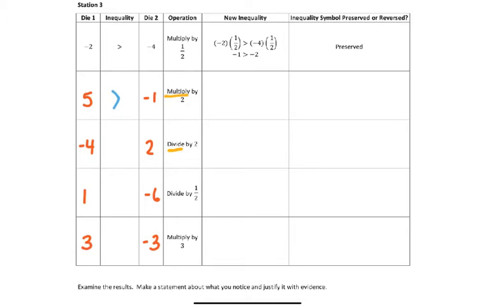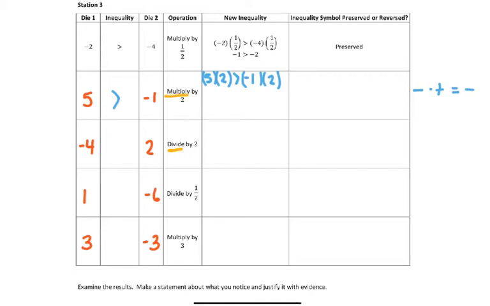Now, the operation they're asking me to carry out is to multiply both sides of my inequality by 2. So I'm going to multiply both sides of my inequality by 2 right now, and for now, keep that inequality symbol that I originally had the same. So on the left side of my inequality, I have 5 times 2.